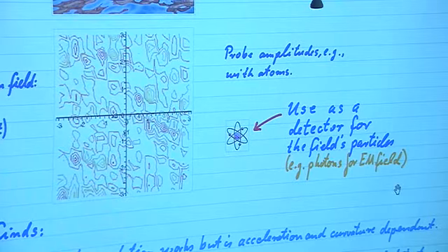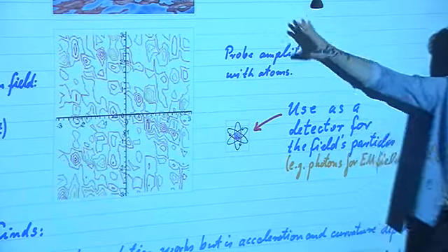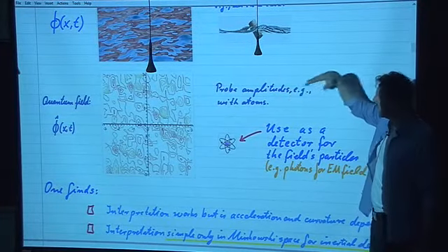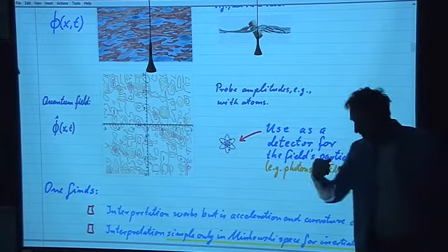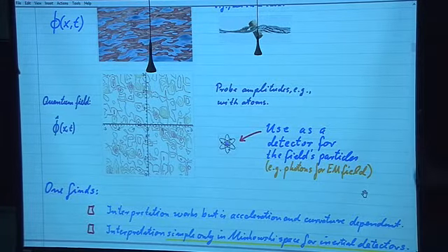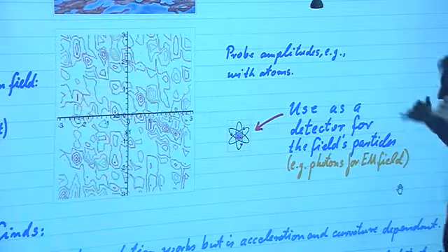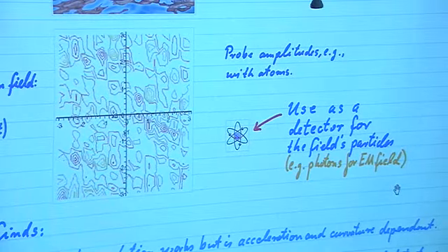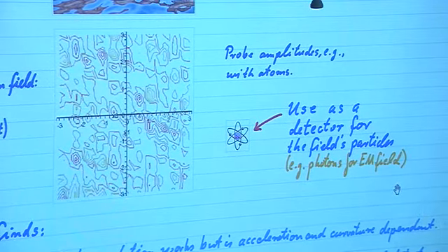what we will find. We will find that the interpretation that the excitation of mode oscillators indicates the presence of particles of corresponding energies works somewhat. It works, but it is actually acceleration and curvature dependent.